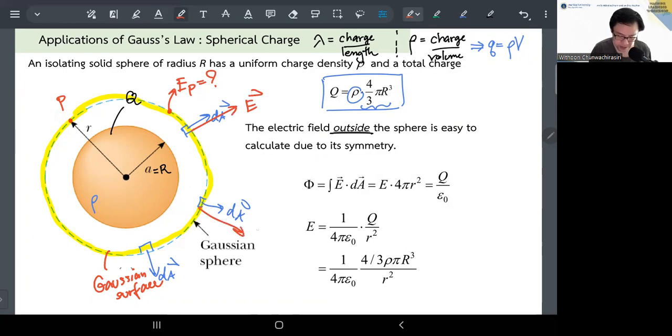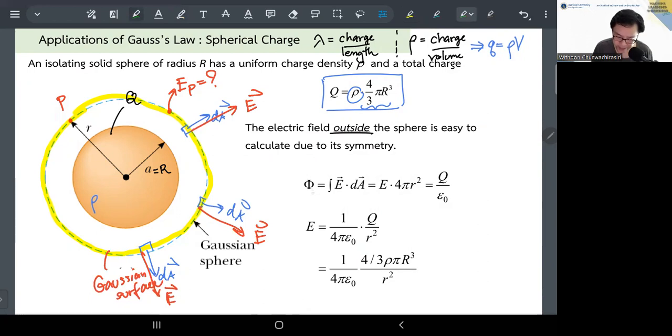There shouldn't be any particular direction where the electric field is stronger, because it doesn't know what's up, down, left, or right. Everything looks exactly the same. So I'm going to calculate the net flux on this sphere.